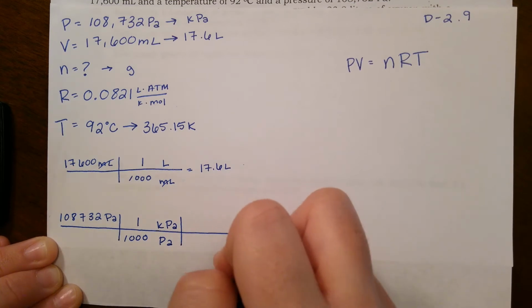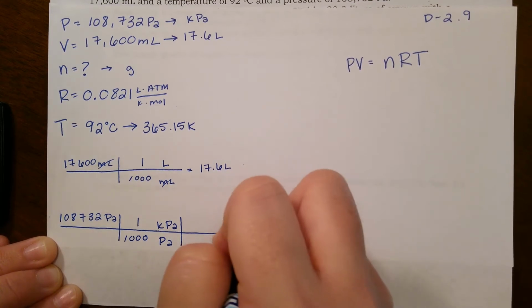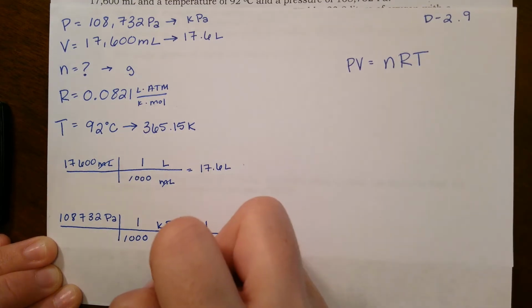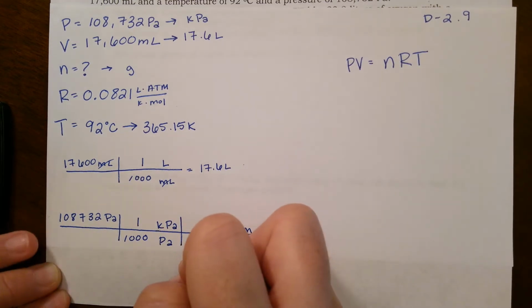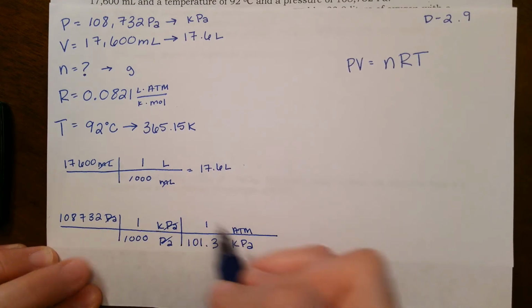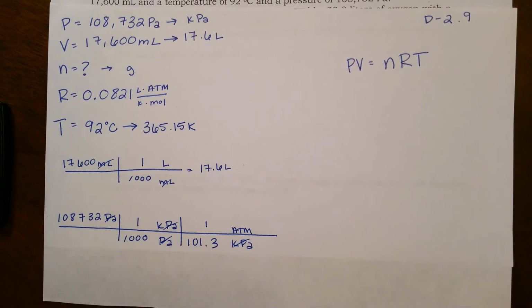At that point, we can follow through with kilopascals and put atm up top. When we do this, 1 atm is equal to 101.3 kilopascals. So if you don't have those conversions, I'm going to upload a reference sheet, so make sure you check that one out. Everything cancels out. Let's plug it in. So we have 108,732 divided by, open parentheses, 1,000 times 101.3.